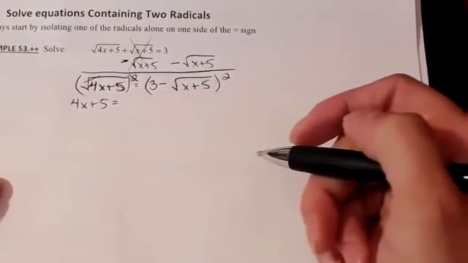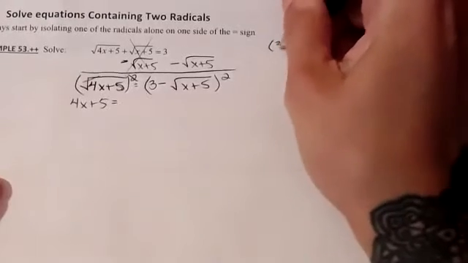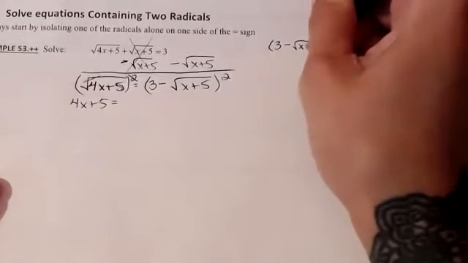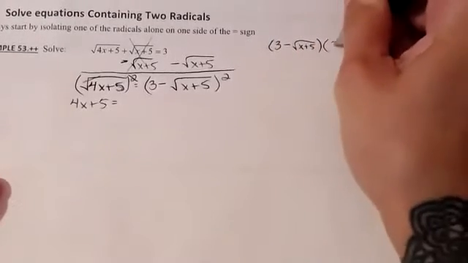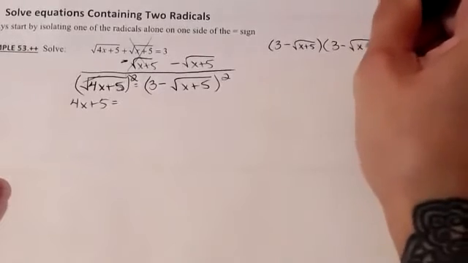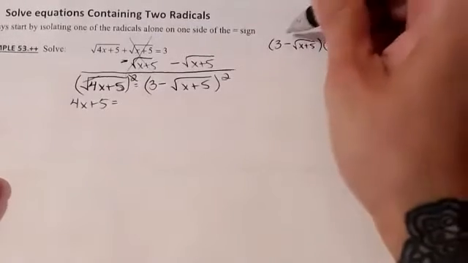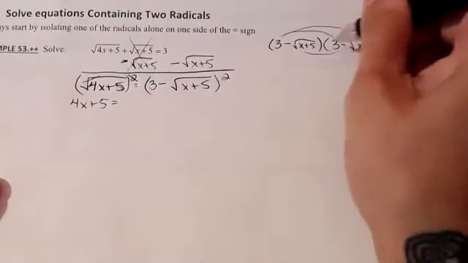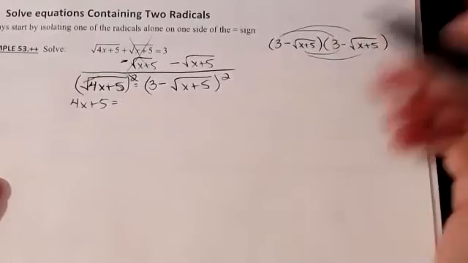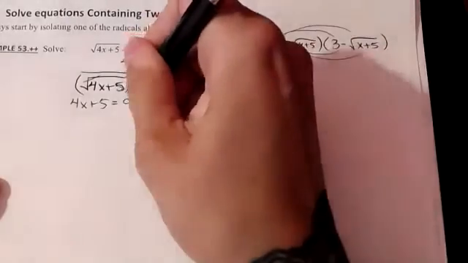Let's do some side work. We have 3 minus the square root of x plus 5, times 3 minus the square root of x plus 5. All right, let's distribute. Just like we did before, don't overthink it. 3 times 3 gives us a positive 9.